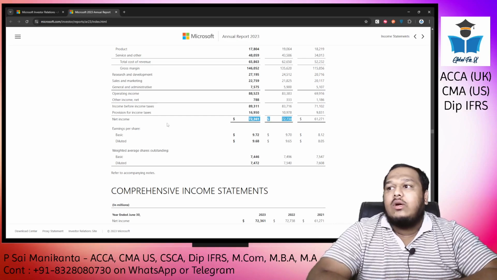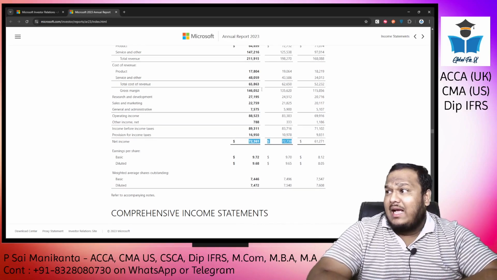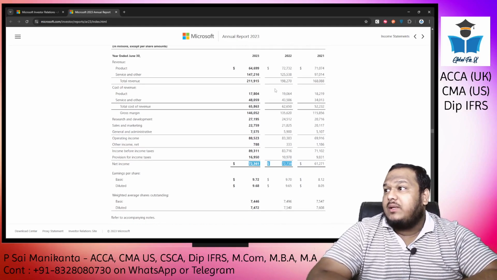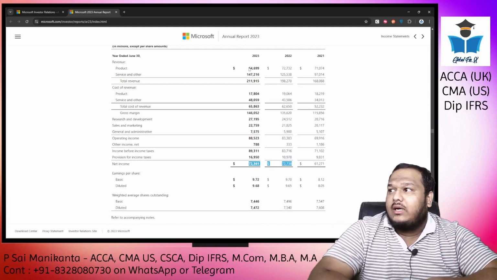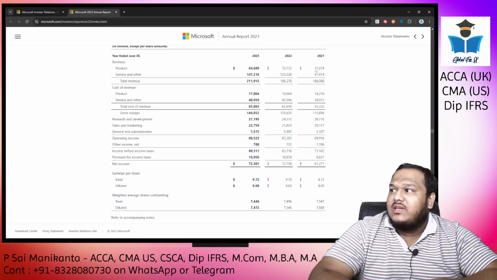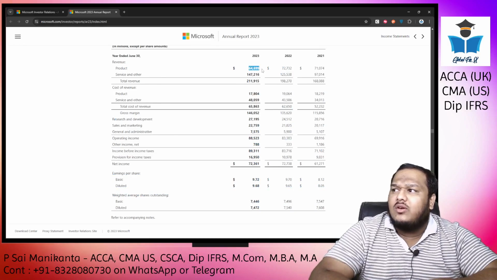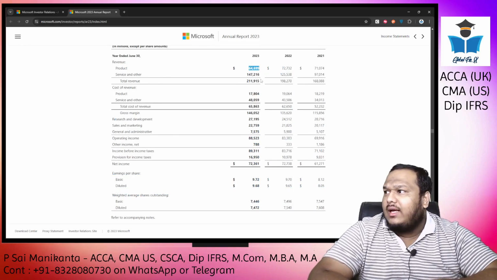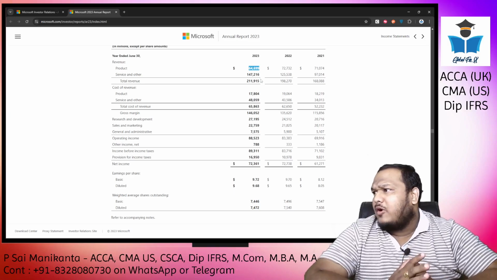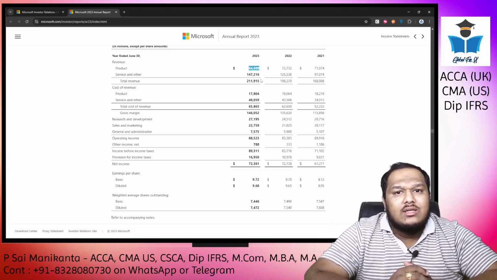Sir, why, sir? What if there is some extraordinary item here which was not present in the previous year? See, for example, the product sale before last year it was 71,000, last year it was 72,000, and current year it is only 65,000. Approximately $8,000 million less.